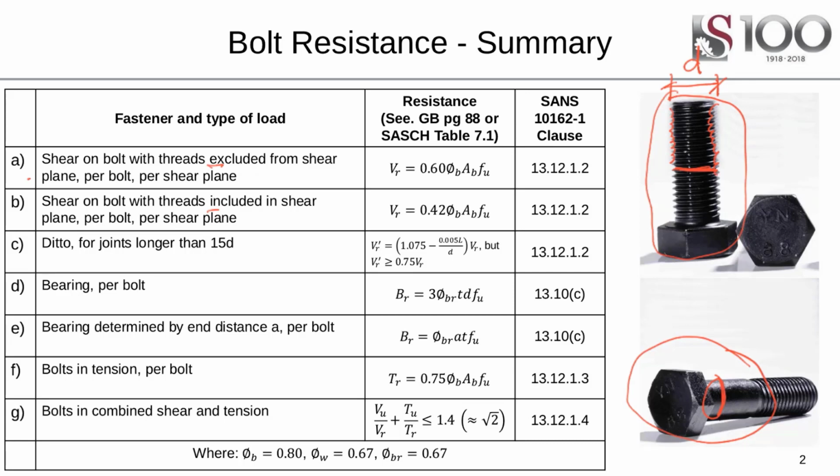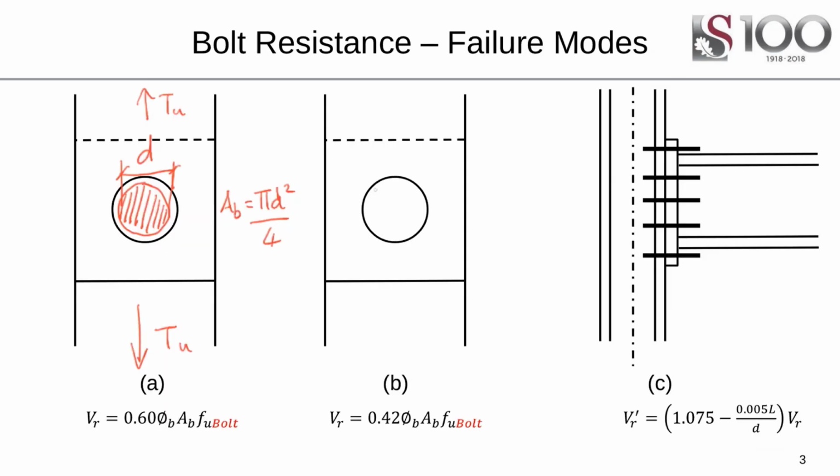So let's continue on. Now for the next one, we assume a bolt of diameter D, but we have a smaller area of bolt that we use in the middle. So outer dimension, as I said, D. But what happens here is that we only use about 70% of the area.